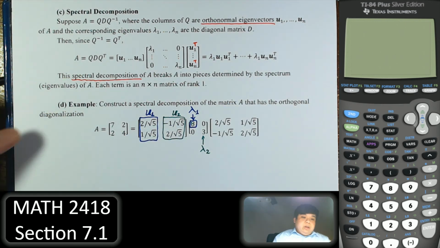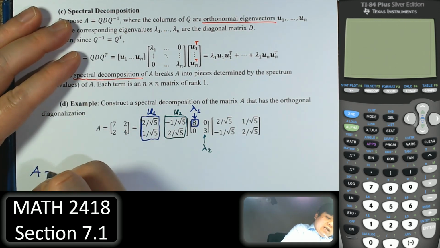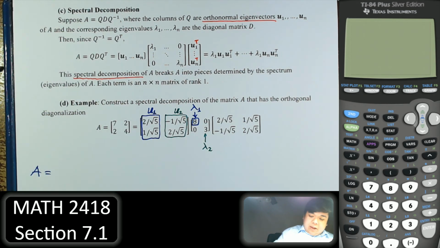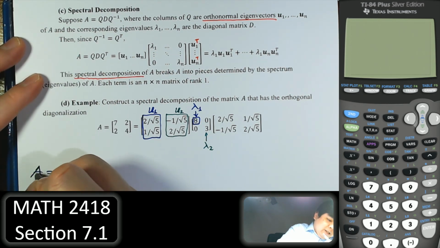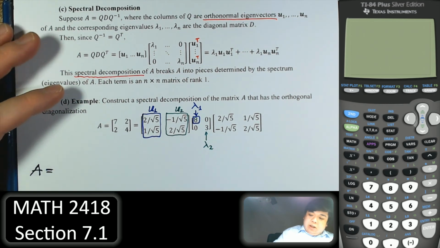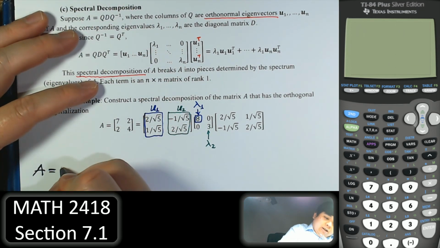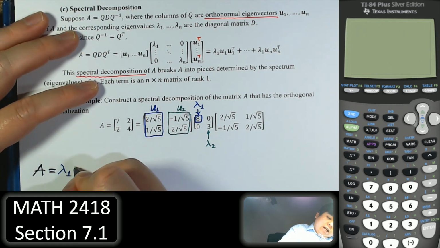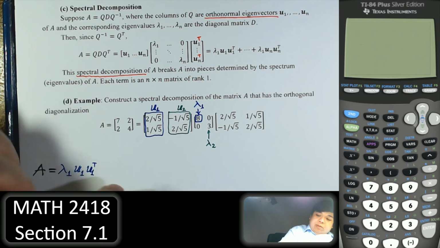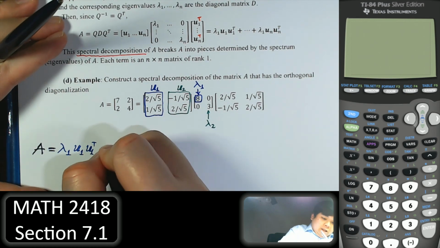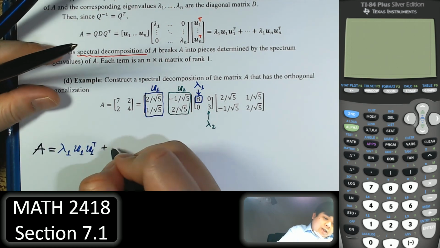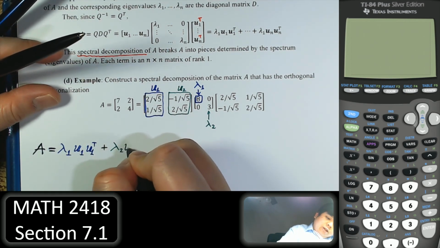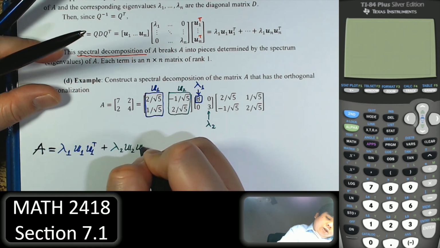So according to this, we can say A is equal to lambda 1 u1 u1 transpose plus lambda 2 u2 u2 transpose.